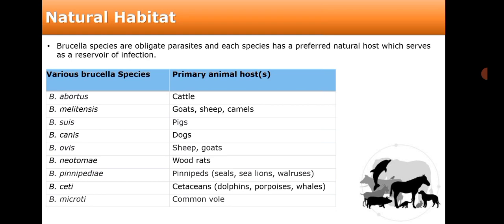Brucella species are obligate parasites, and each species has a preferred natural host which serves as a reservoir of infection.